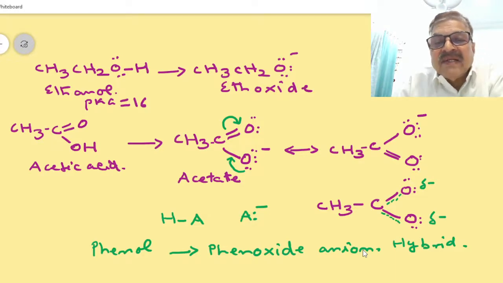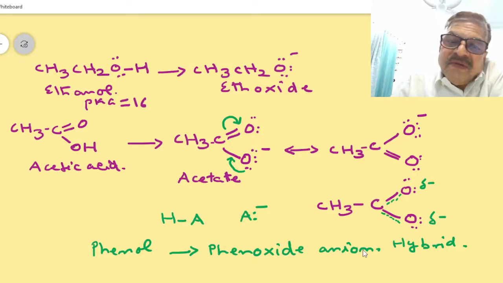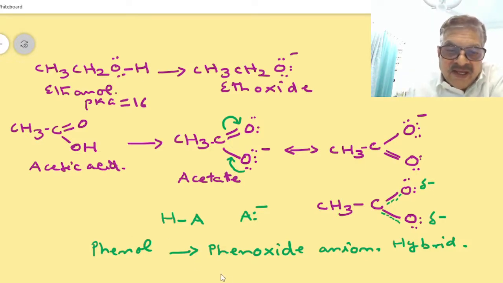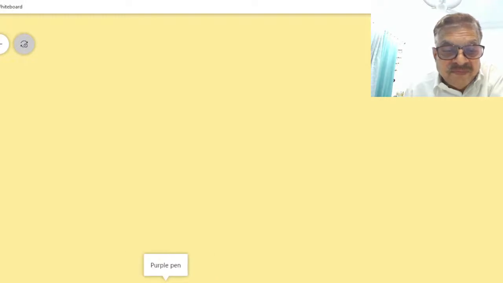Therefore, we can say the relative acidity of these materials. So phenol is giving phenoxide anion. Now we have to compare the acidity. Let us see the acidity factor of the phenoxide anion here.